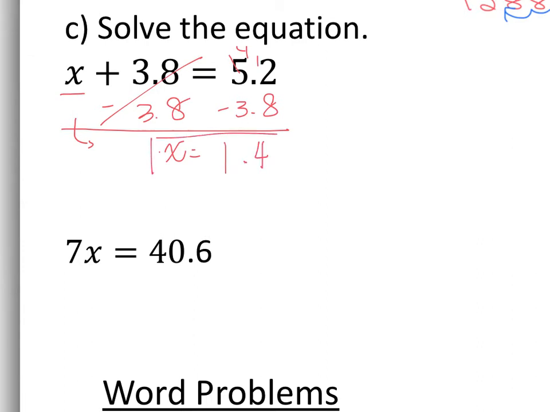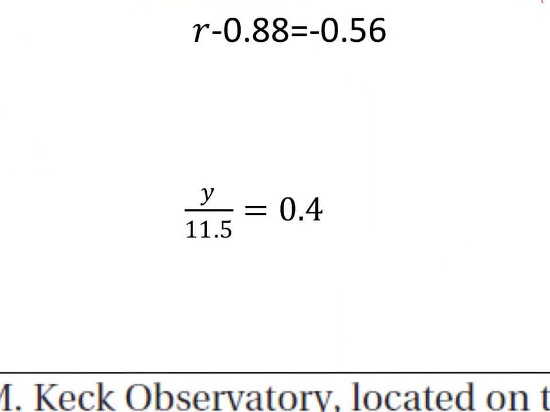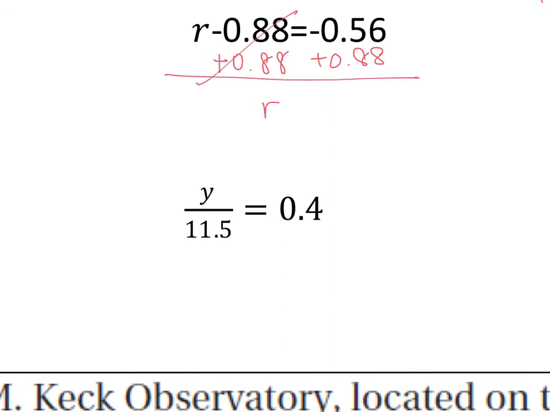X will be 1.4. Here, you add 0.88, the opposite of negative 0.88. Okay, so here we need to take the difference, and since 0.88 has a greater absolute value, your answer should be positive.